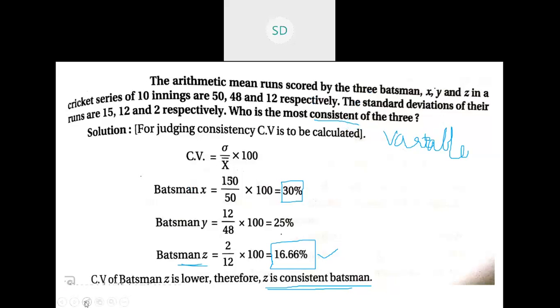I will repeat this. This is a very important judging criterion in all of the problems. When I say most consistent, you check the CV to be the lowest. If I say variable, then the highest CV is variable. Do not get confused, read the question thoroughly and answer the problems.